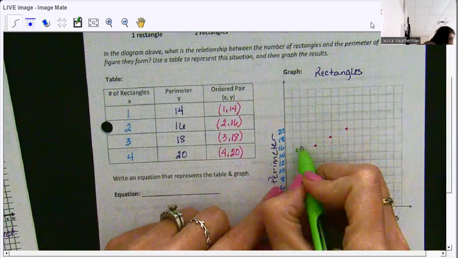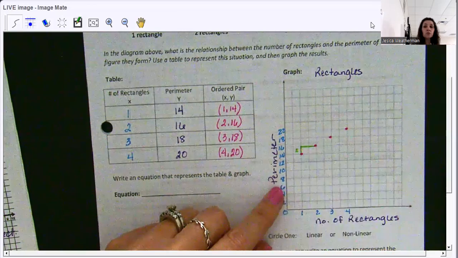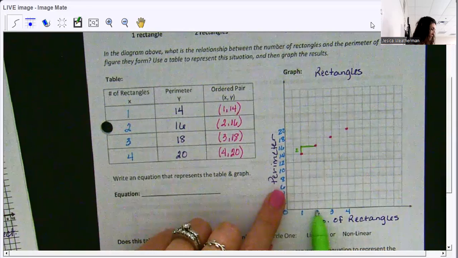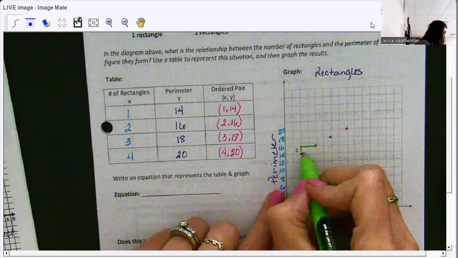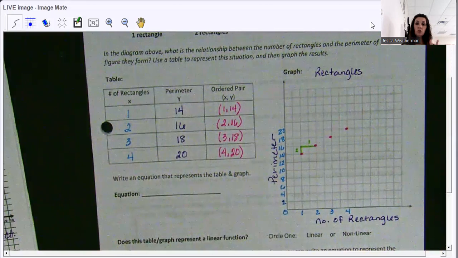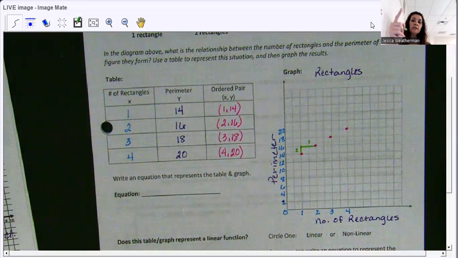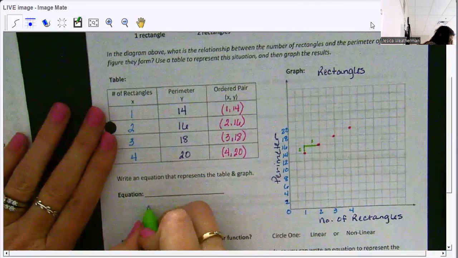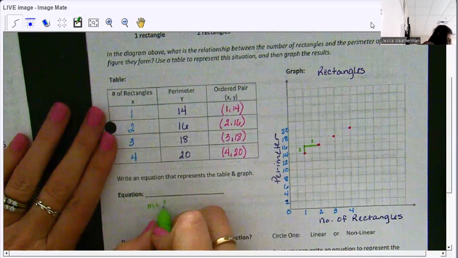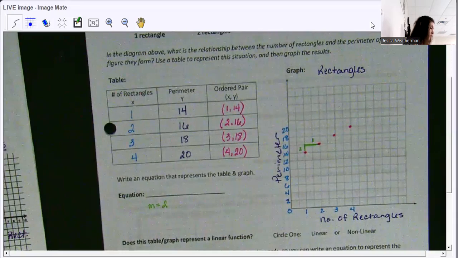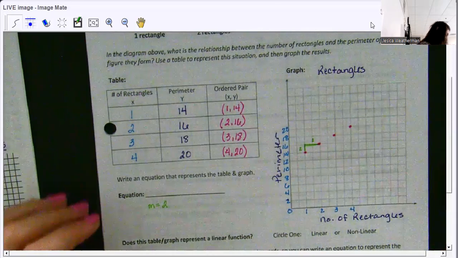And then it goes over 2 boxes. And you might say, well, it's running 2. But guess what? We skipped a line here. So really, it's going up 2 and over 1, making our slope 2. So our rise is 2, our run is 1. We have a slope of 2. So down here, I'm going to put m is 2. If I wanted to find my y-intercept using the graph, I could just go backwards with my slope.